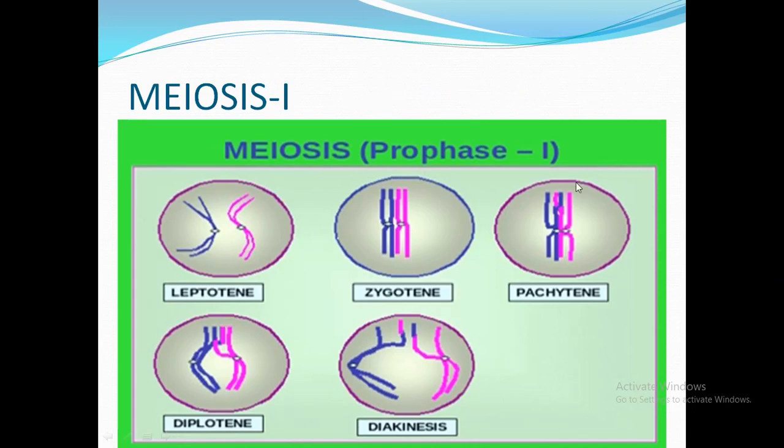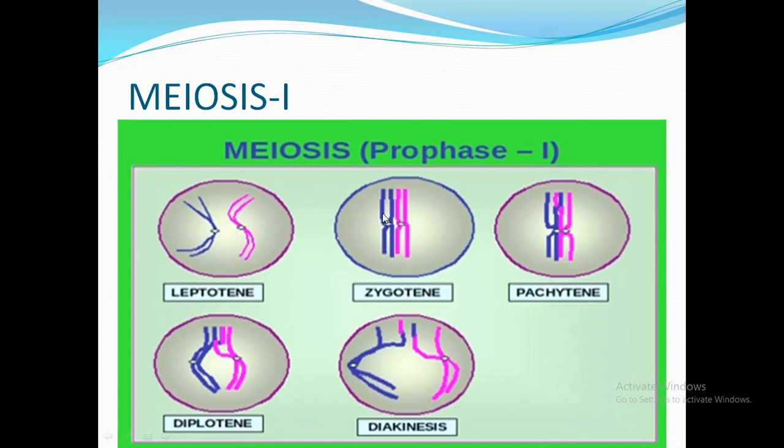So, in prophase 1, the first phase is leptotene. During leptotene, the chromatin starts condensing into thread-like chromosomes. In zygotene, the chromosomes are condensed.